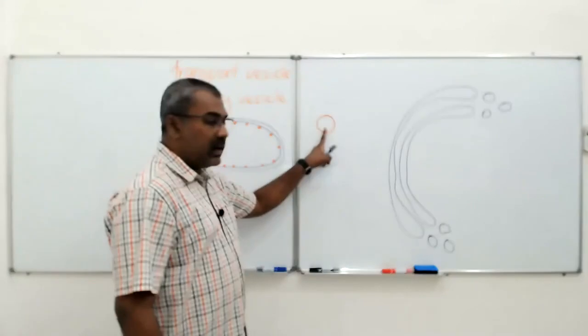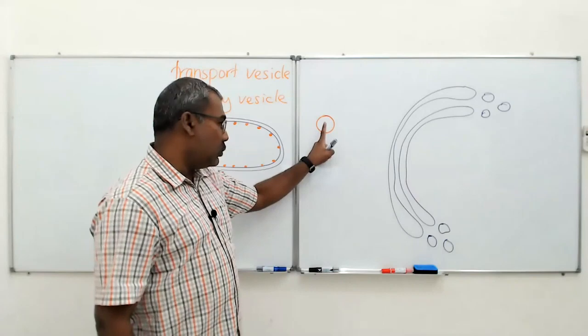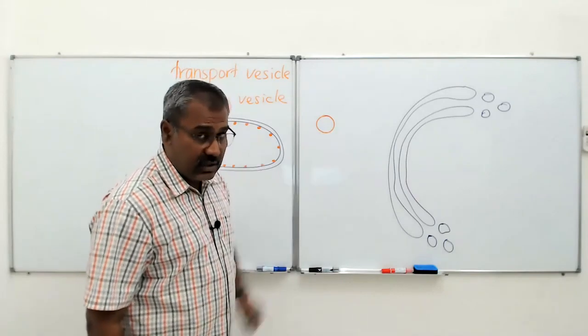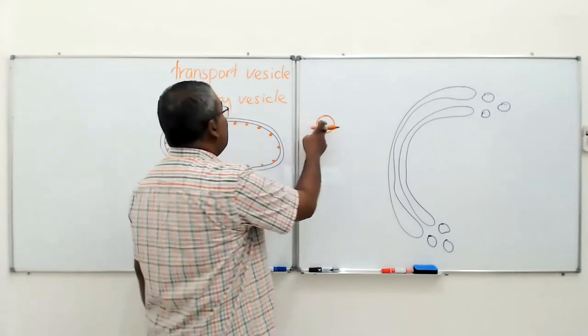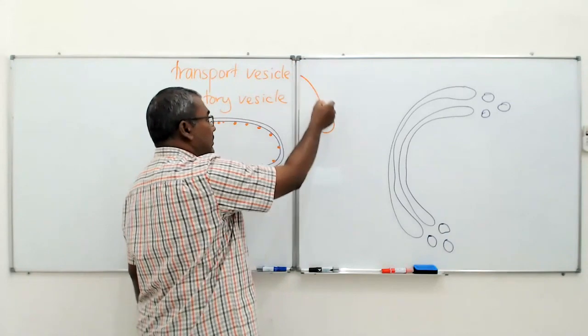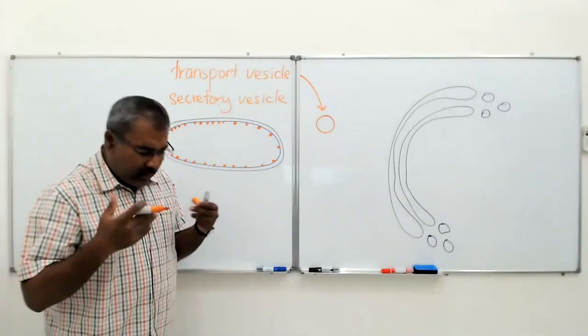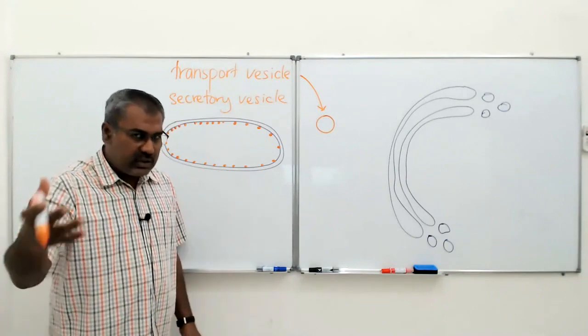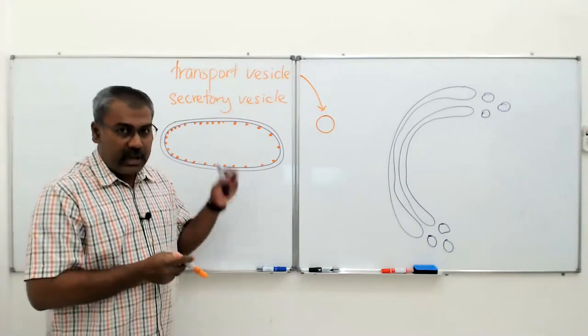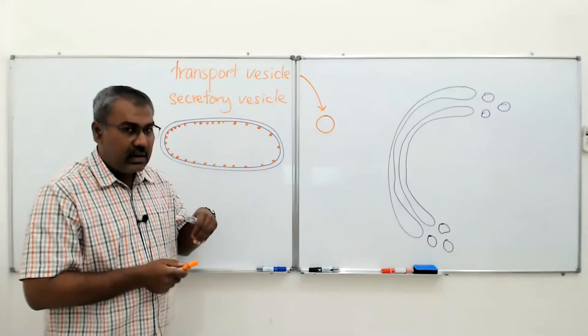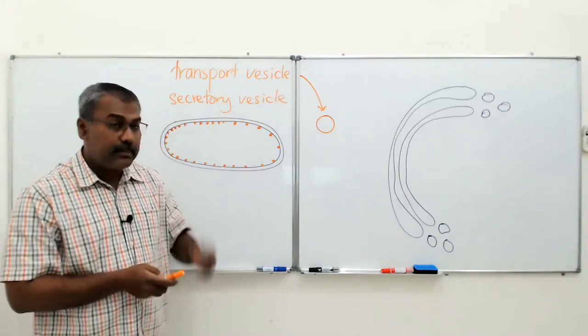Vesicle ni dia macam ni, dia bulat sahaja, macam vacuole. What we call it vesicle. Nah, yang ini ialah transport vesicle. What is transport vesicle? Don't worry, you're going to see later. I have to mention this now here, if not, you won't understand.